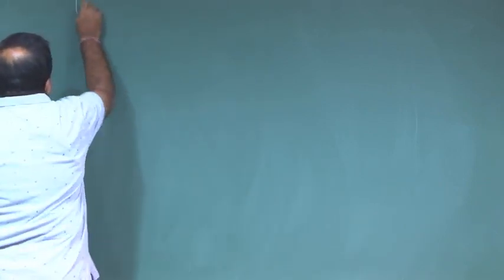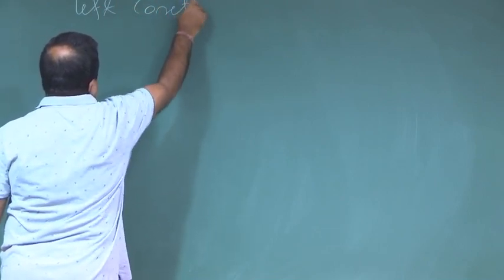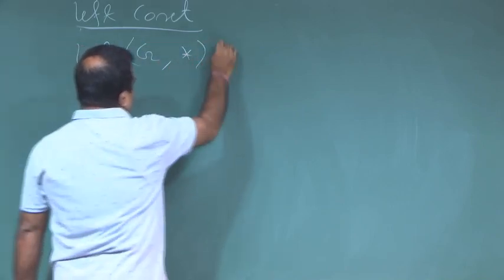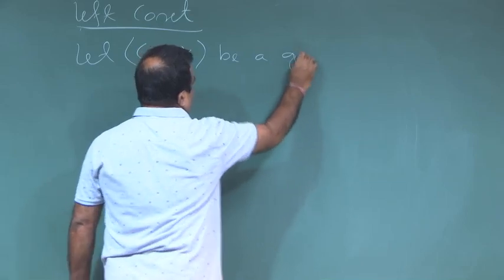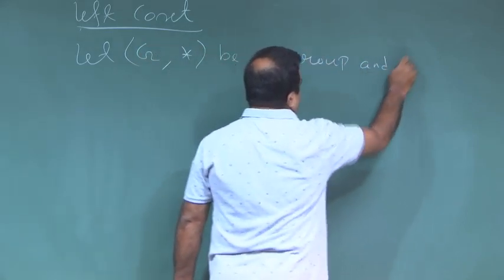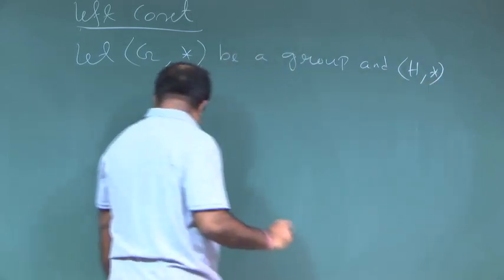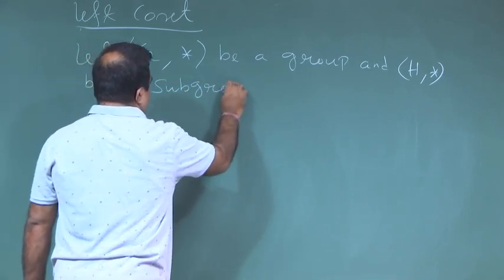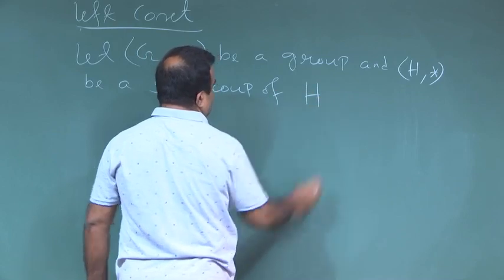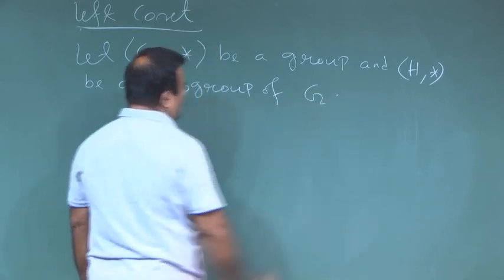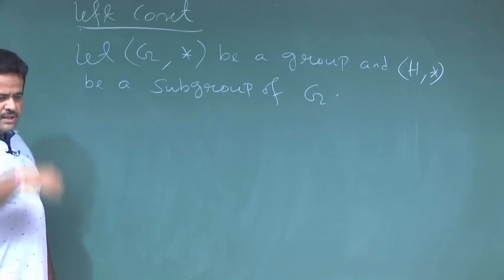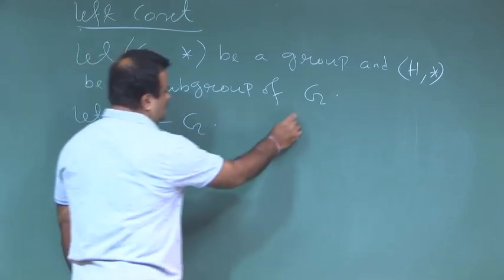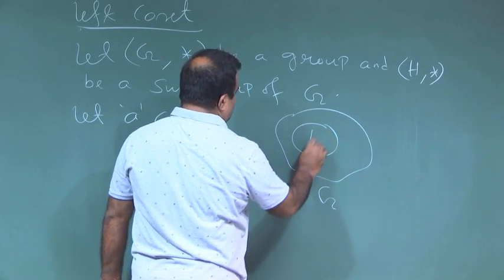Okay. So, first we define the left coset. For that, let us take G to be a group, and H be a subgroup of G. Then let A be an element in G, any element in G. So, this is our set G, this is H which is a subgroup.